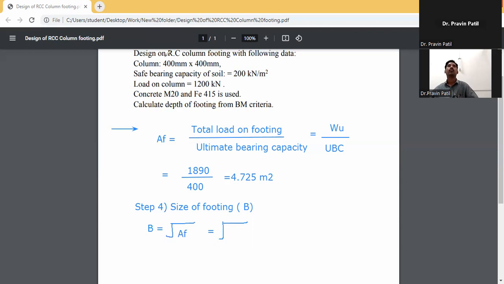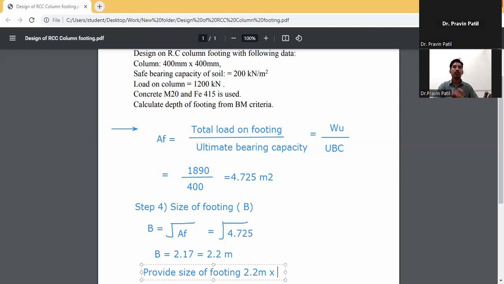Root of 4.725 meter square comes to 2.17. So round the figure, take 2.2 meter. So provide size of footing 2.2 meter by 2.2 meter.